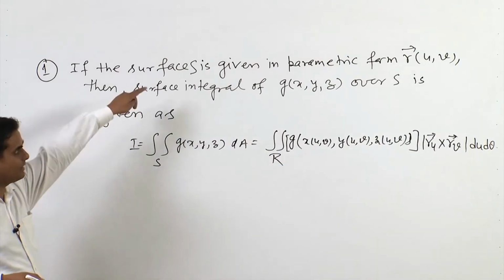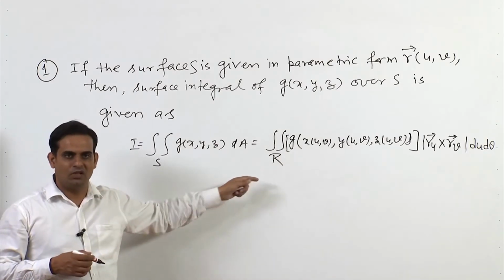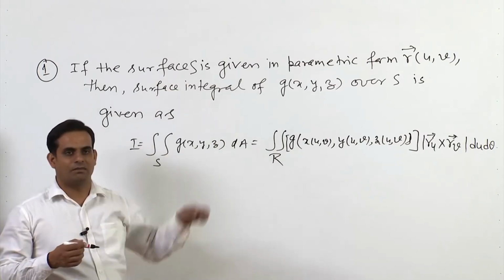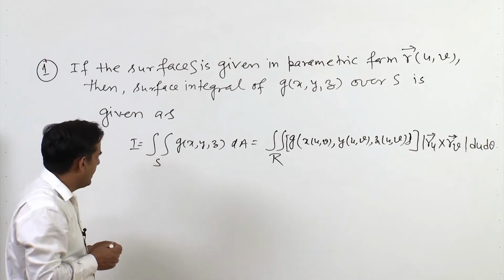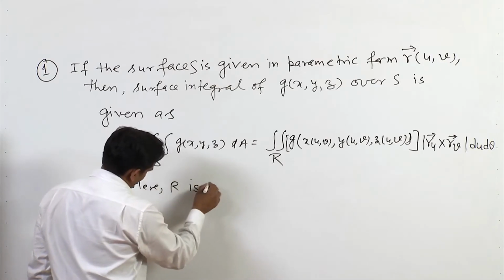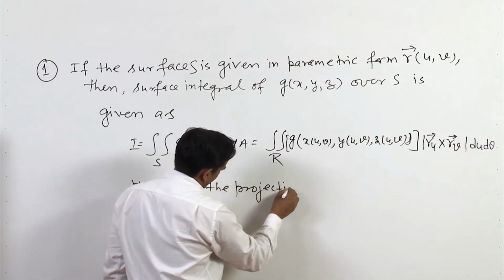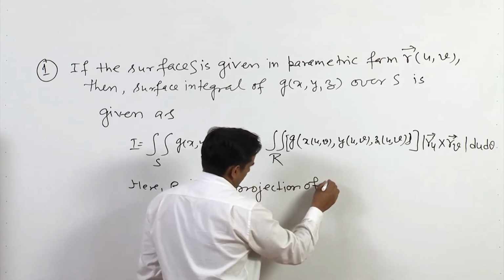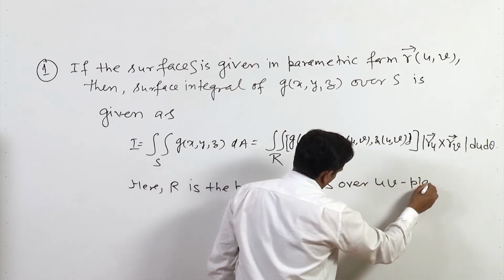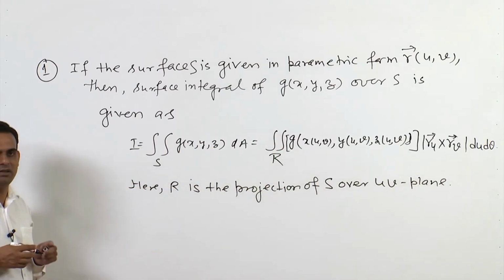So when the surface is given in the parametric form, I will use this formula for calculating the surface integral of g over the surface S. And here R is the projection of the surface over the uv plane.